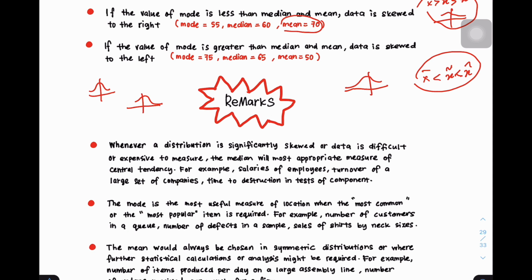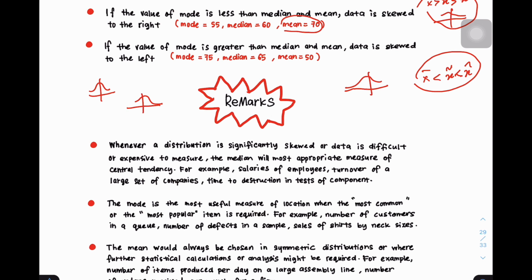So kalau kita nak tengok the most common or the most popular item dalam sesuatu data set, kita akan tengok the value of mode. Contohnya number of customers in a queue, number of defects in a sample, sales of shirts by size. So itu adalah better kita menggunakan mode untuk kita measure. Okay, untuk kita buat measurement, untuk kita buat description of our data set.